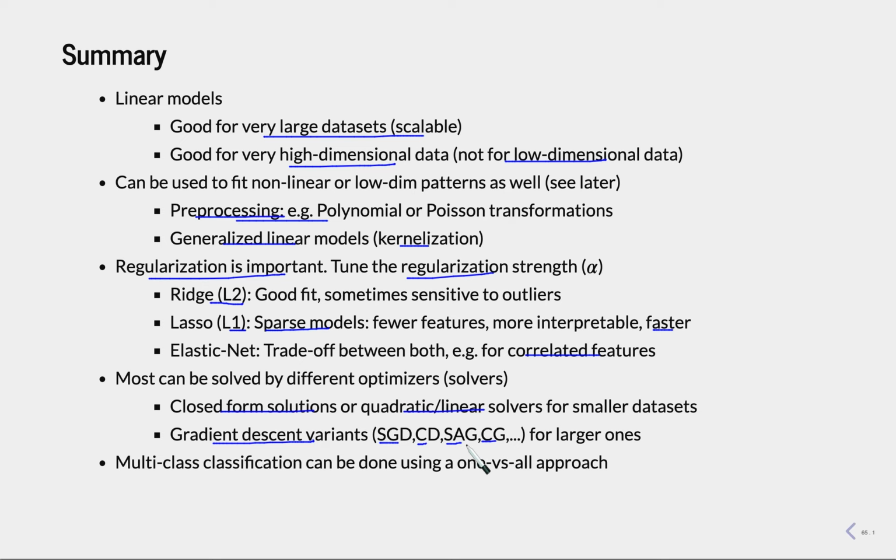These typically lead to similar results, although sometimes you can get convergence with one and not with the other, depending on your data set. And if you have multi-class classification, you can do that with a one versus all approach, or with a one versus one approach in case of support vector machines, or, yeah, Gaussian processes, but that's not a linear model.